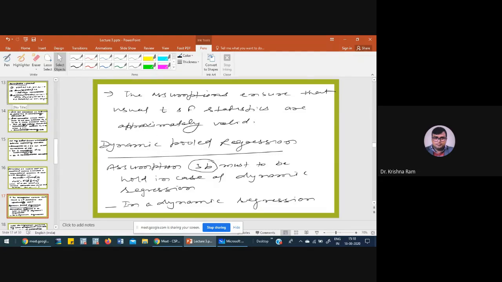That's why those assumptions are mentioned here too. Now let's move on to the dynamic pooled regression model. In the case of the dynamic pooled model, the assumptions relating to heteroscedasticity and autocorrelation must hold.